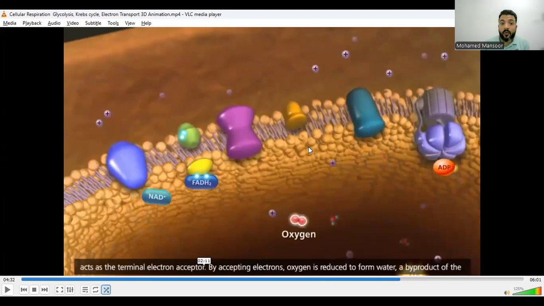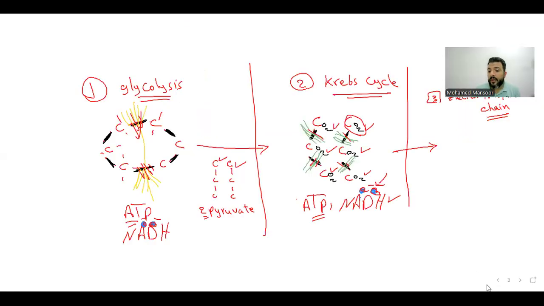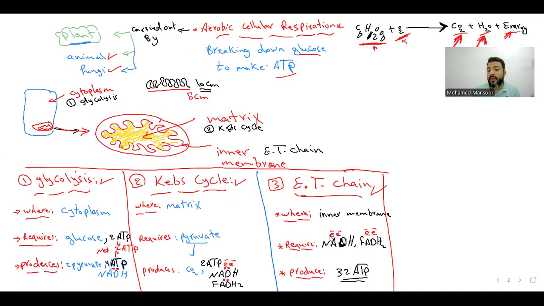Yes. So in the inner membrane, the last step, we use the energy of the electrons carried by NADH and FADH2 to make the largest amount of ATP. Look, 32 ATP molecules are made during the electron transport chain.